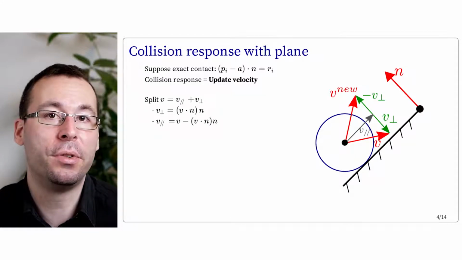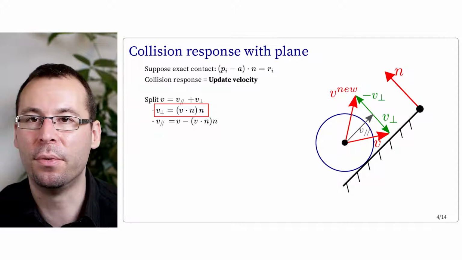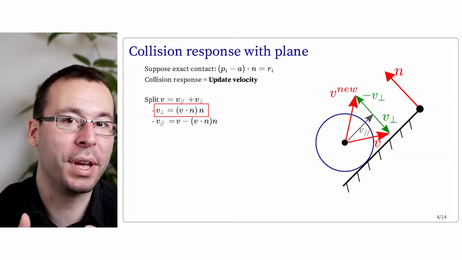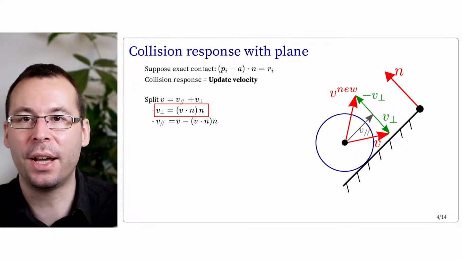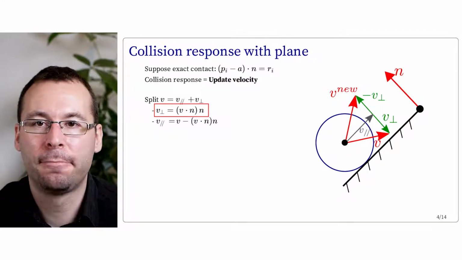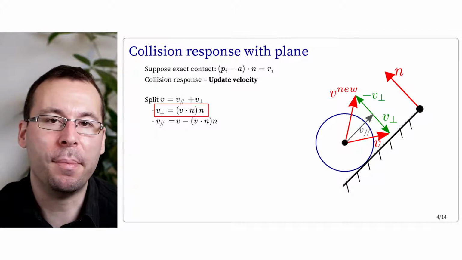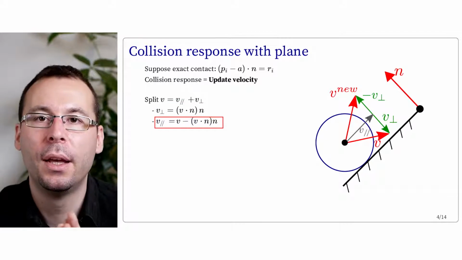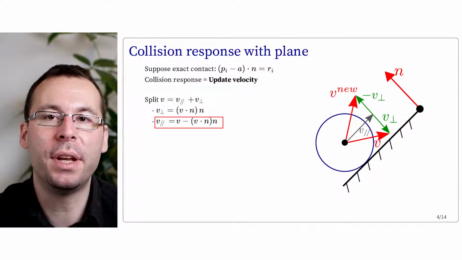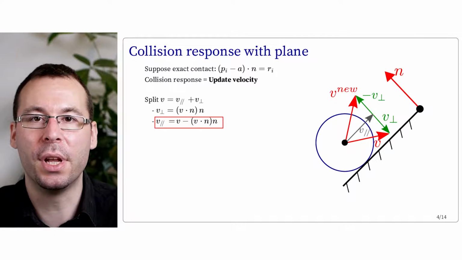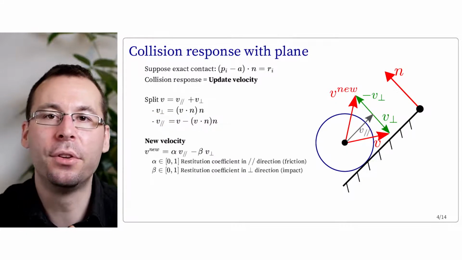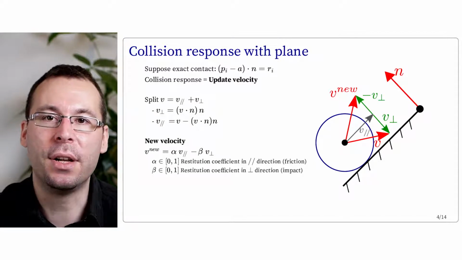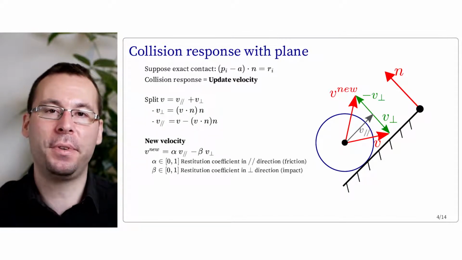Expressing v orthogonal is easy. We just project the velocity v on the normal direction, so v scalar n, and multiply it by the vector n. We shouldn't forget that this component is a vector and it should be aligned with n. It's also important to remember that n is of unit norm in this formulation. And to express v parallel, we simply take v and remove the v orthogonal component. Then the new velocity after impact is computed as: new v equals v parallel minus v orthogonal.